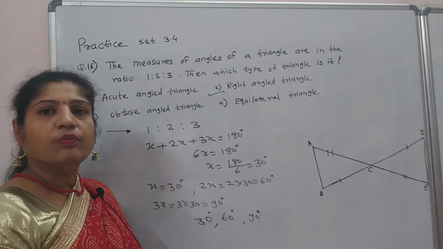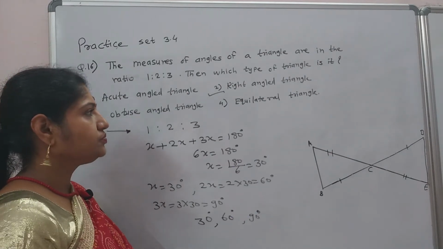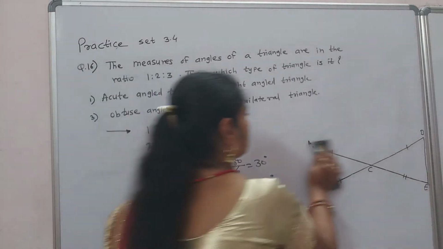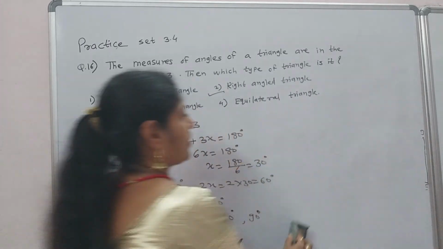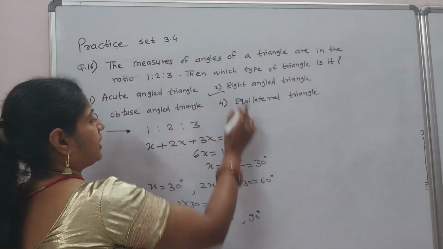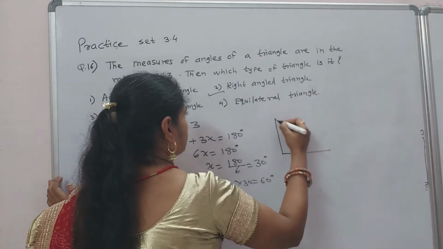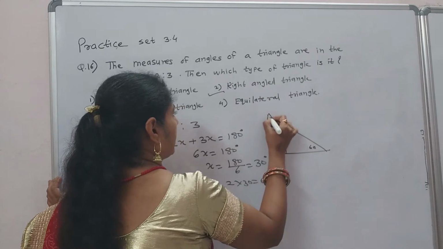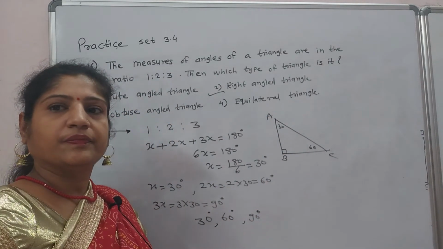So our option number 2, right angle triangle. The angles 30, 60 and 90 make this a right angle triangle.